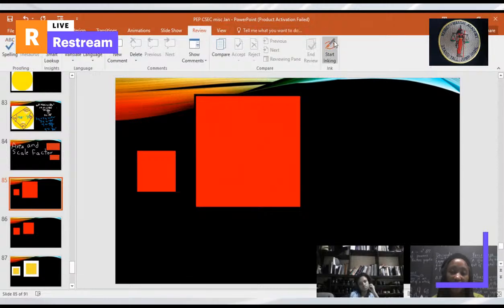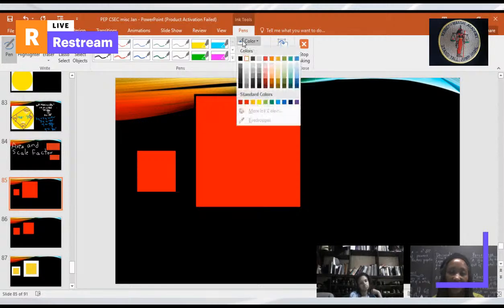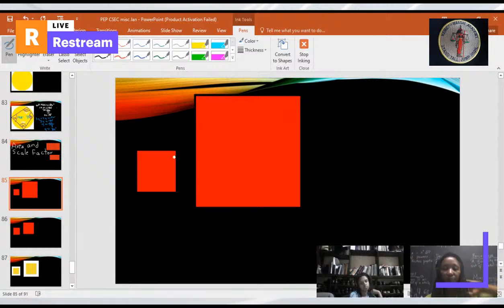So we have two squares, a baby square and a mama square, or a daddy square, whichever way you want to look at it. So let's say this tiny square, the length of each side is 4 meters. And let's say we're extending the length by a scale factor of 2.